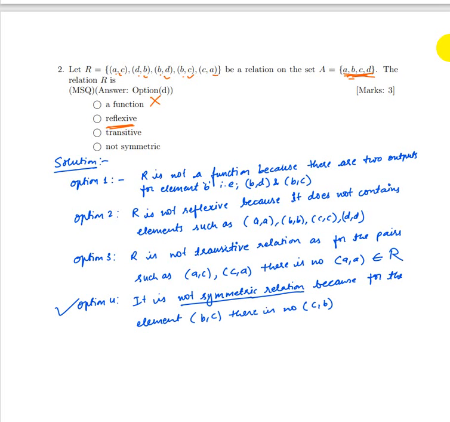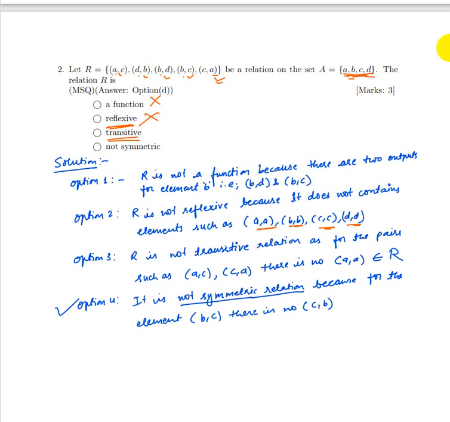Okay, reflexive. For a relation to be reflexive, it must contain elements such as (A, A), (B, B), (C, C) or (D, D), and not even a single one of these is available in our relation. So this option is also eliminated. What about the transitive relation? It says that R is not transitive, as for the pairs such as (A, C) and (C, A), there is no (A, A).